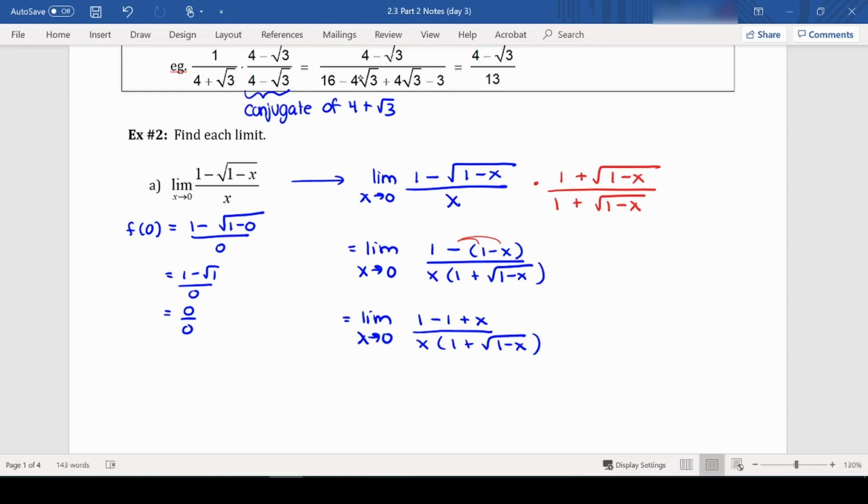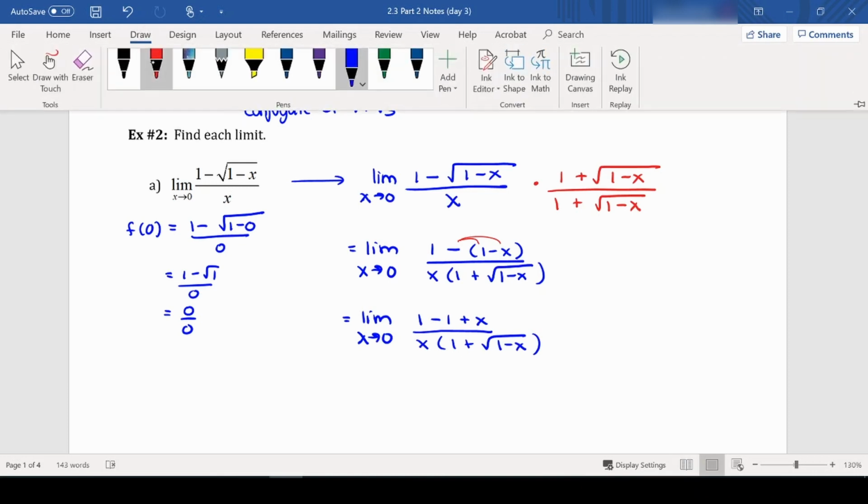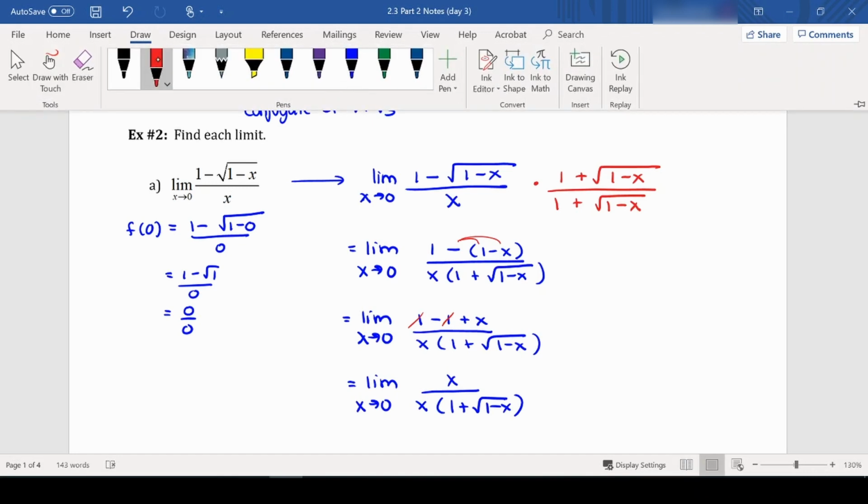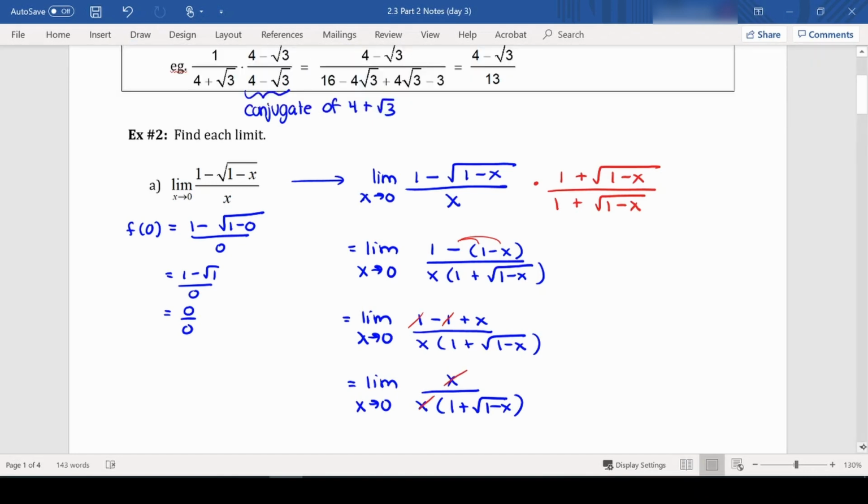Now the ones on the top are going to cancel out, 1 minus 1. This is going to give me the limit as x approaches 0 of x over x times 1 plus root 1 minus x. Now we see that the x on the top and the bottom cancel out.